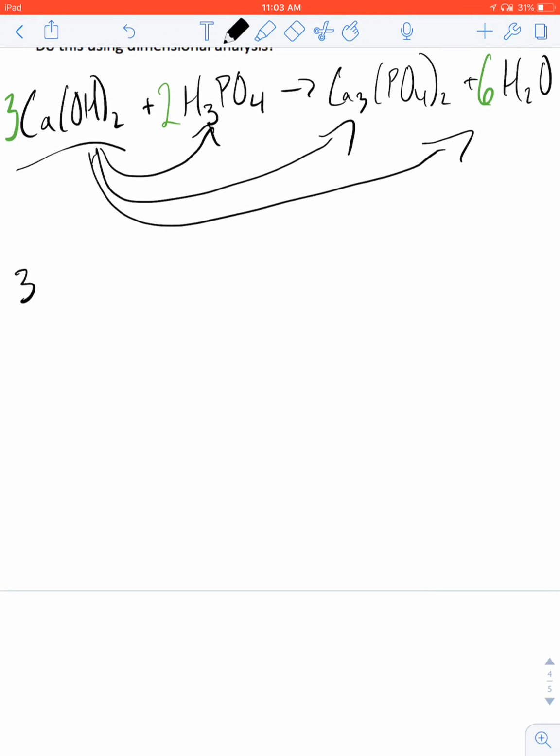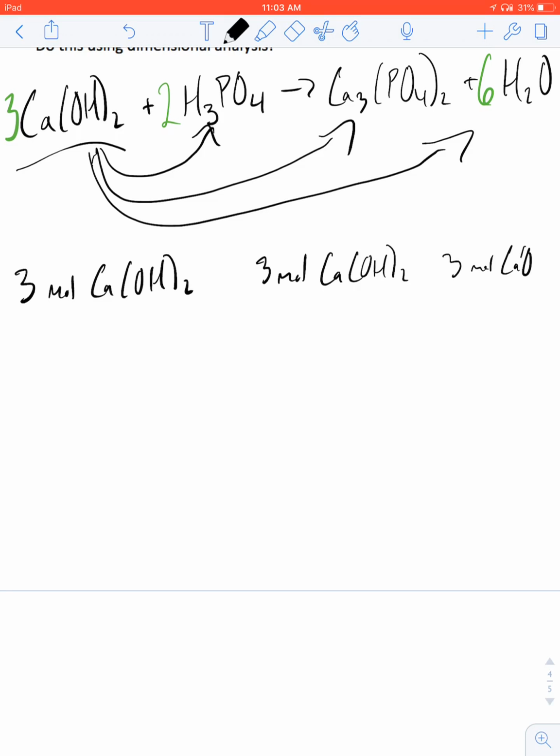So we have 3 moles of calcium hydroxide for all of these. Barely fit in there. All right, 3 moles of each.